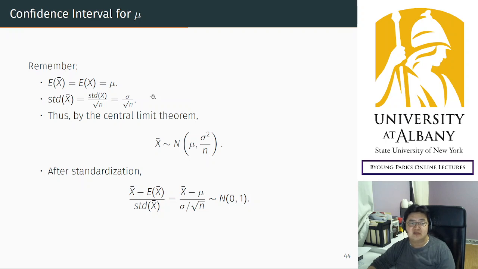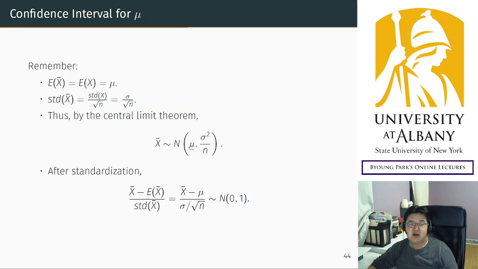So we learned this earlier. And then using these two as the parameters, we can write x bar follows a normal distribution with mean mu and variance sigma squared over n. By the way, remember here, mu is the population mean of a single outcome, sigma squared is the population variance of a single outcome, and n is the sample size, and x bar is the sample average.